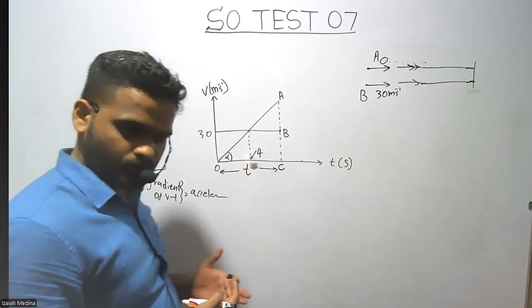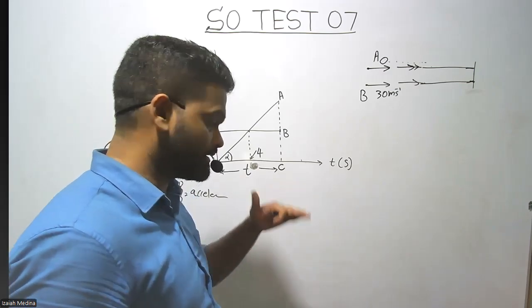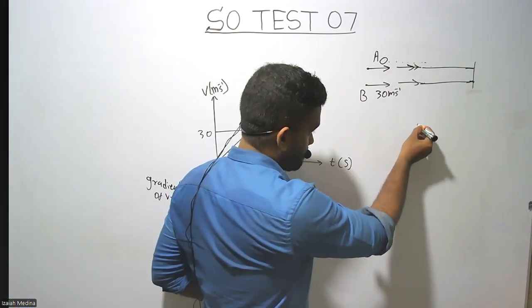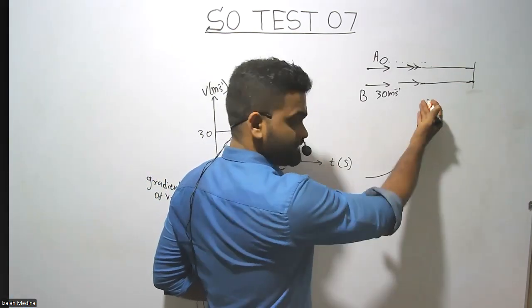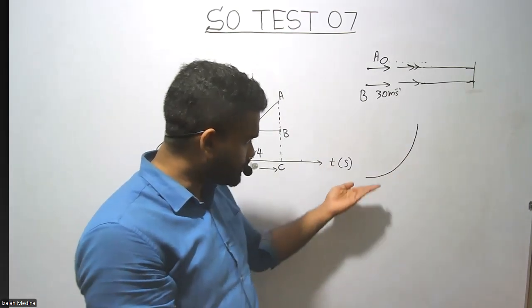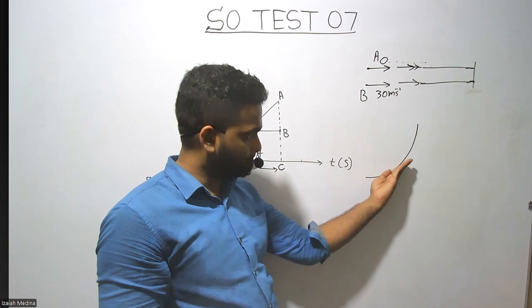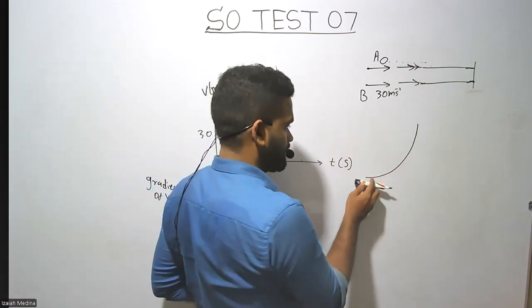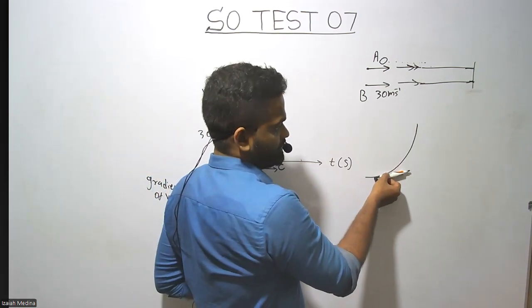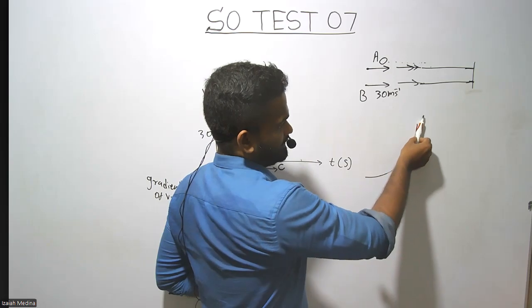I'll show you what happens if the gradient is, let's say, like this. You have a graph like this. Just draw a tangent to each point. What happens to that tangent? If you draw the tangent, that alpha angle is increasing, right?